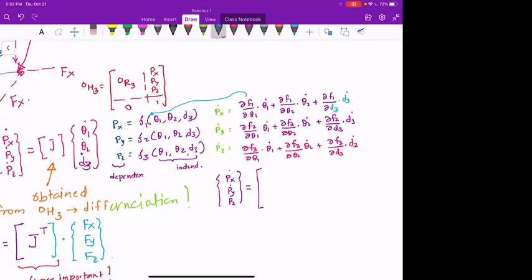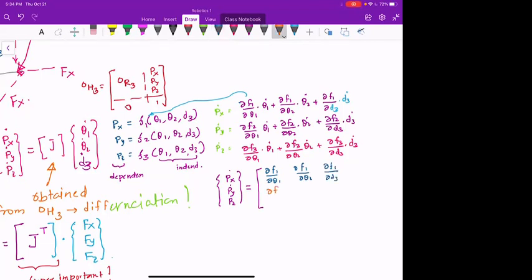We are going to use MATLAB. But I want you to understand what is happening mathematically. So we have partial f1 theta 1, partial f1 theta 2, partial f1 d3.